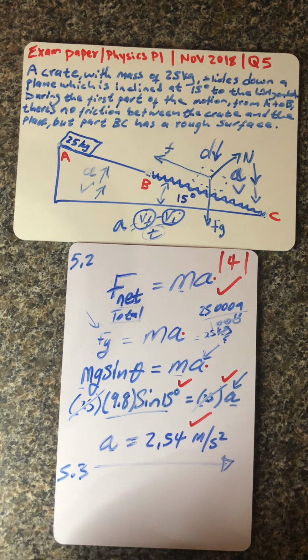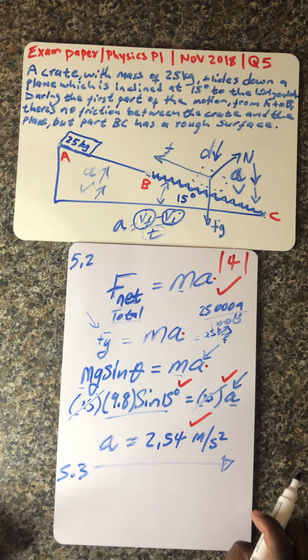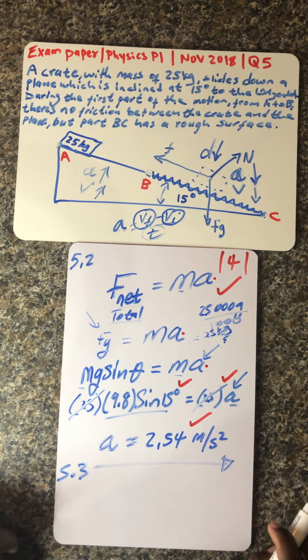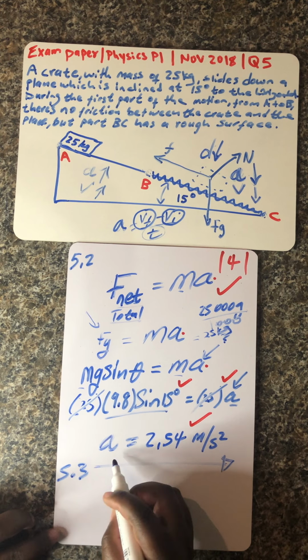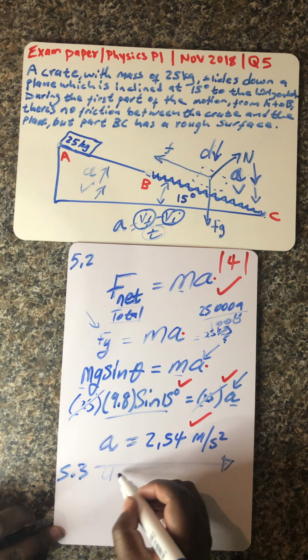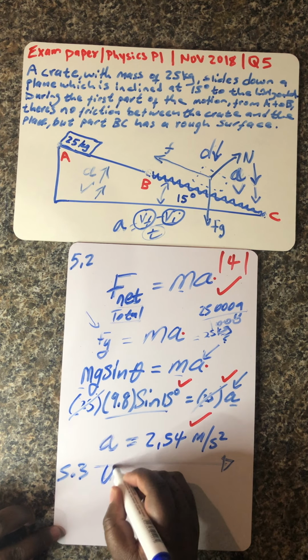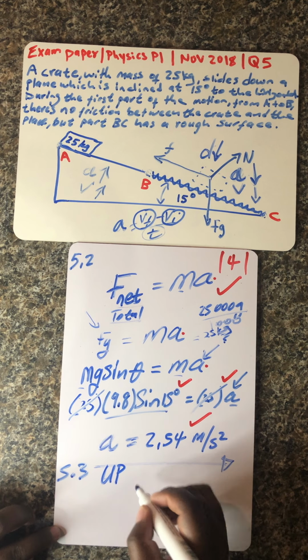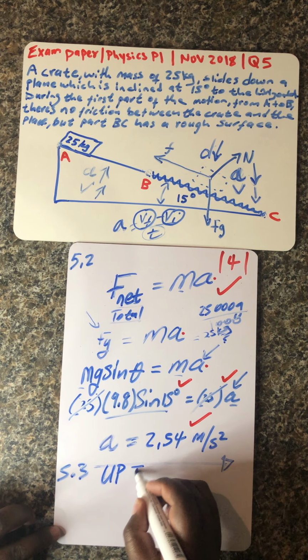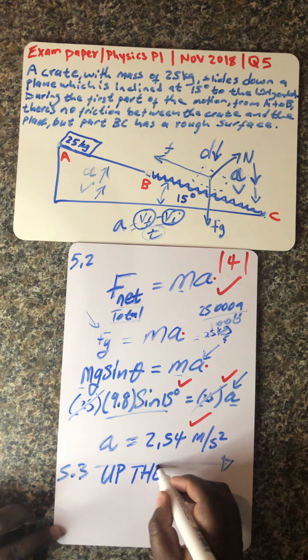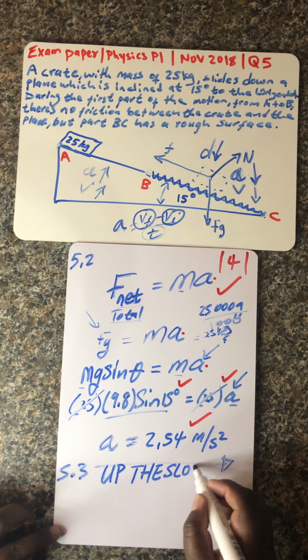You haven't got any questions in relation to this question. So that means 5.3 is up. Guys, write it exactly as it is given to you as a multiple choice. Just write in capital letters to say up the slope.